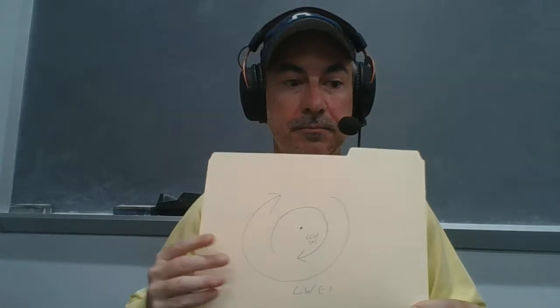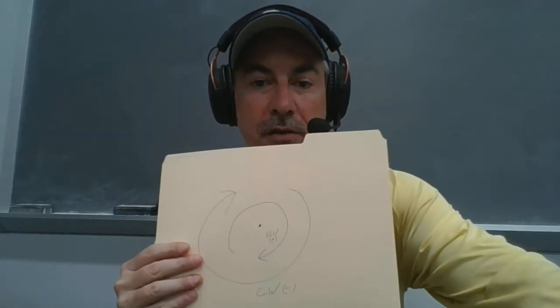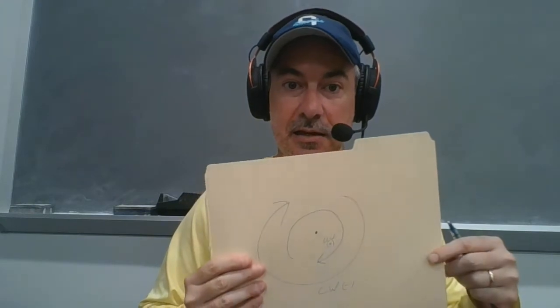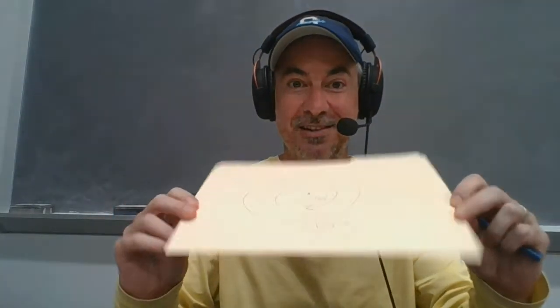So check this out. This rotation that I'm showing you right now, because it's the easiest to see. This is tough to see. This is even tougher to see. So I'm showing you this one. Think about the straight line. Where does the straight line come from?